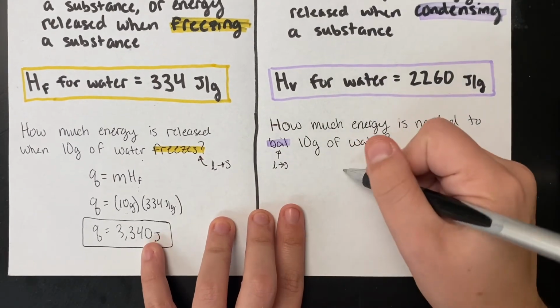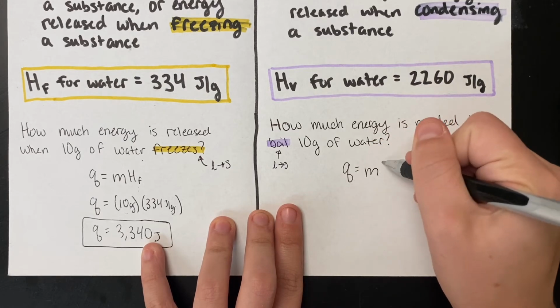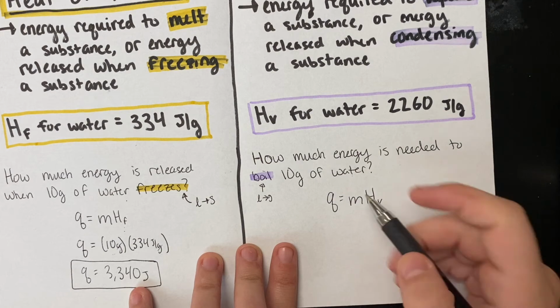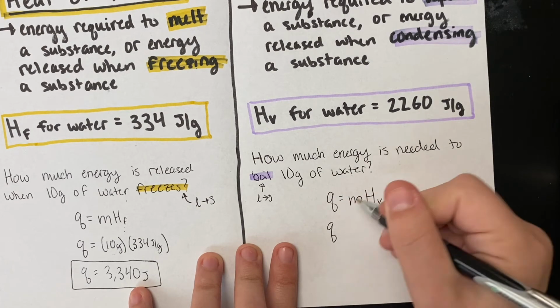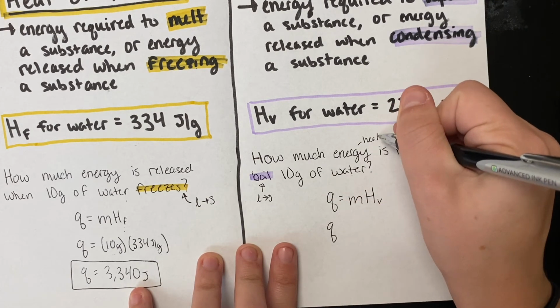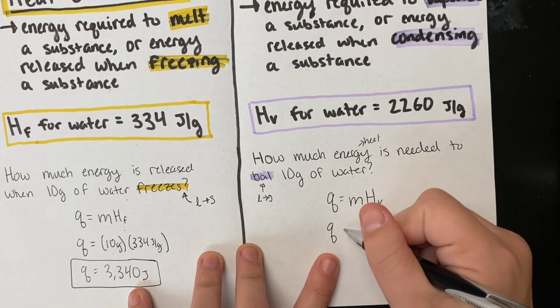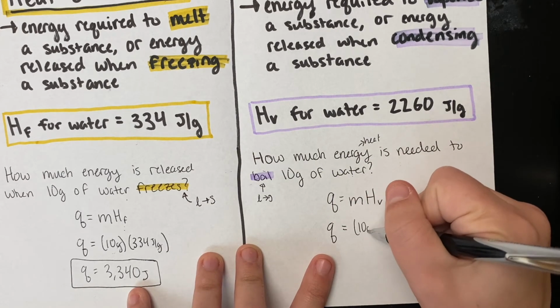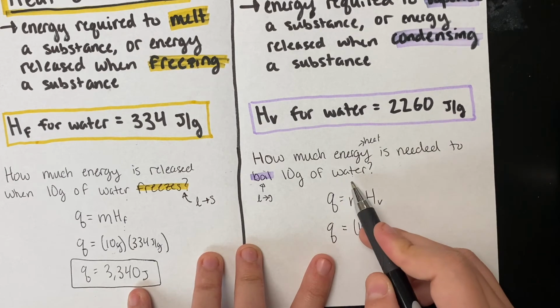So we're going to use Q equals mHV. How much energy? Energy is Q, same thing as heat. Q is what we're solving for, needed to boil 10 grams, which is our mass again, of water.